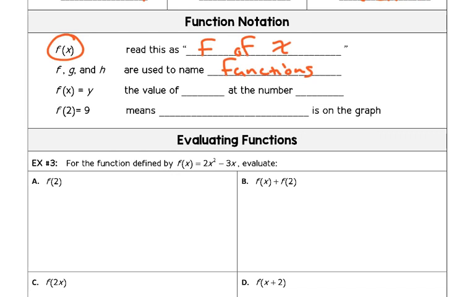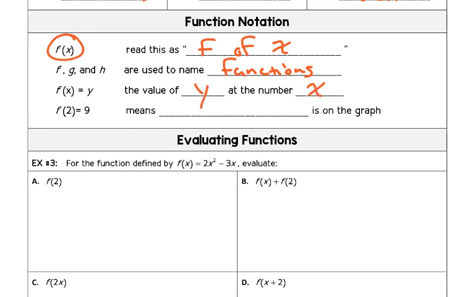All right, now what does f of x actually mean? When we say f of x is equal to y, right? What I'm saying is I'm putting in a value of x into my domain, and then what I get out of that relation, of that function, is a value y. So f of x is always a y value.